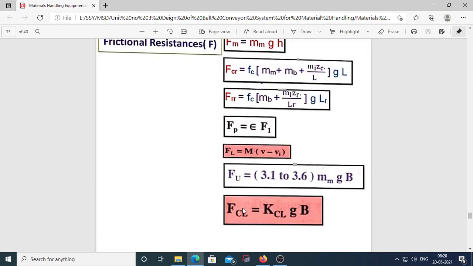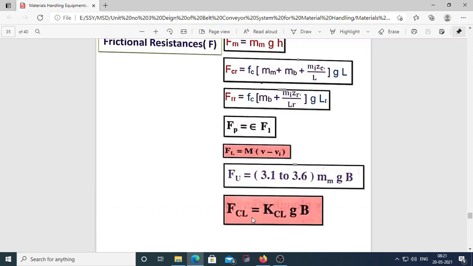And last is the frictional resistance at the cleaning station, FCL. For the cleaning we are using either a claw type cleaning device or a rotary brush type cleaning device.